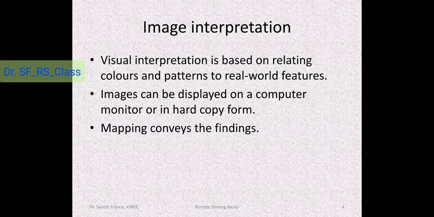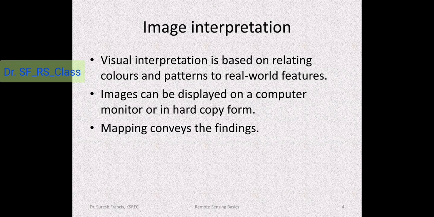And this mapping conveys the findings from the satellite data. You will be mapping out the different characteristics of the Earth's surface from the same satellite data. When an agriculture expert looks into the satellite data and takes out information, he will take all the agriculture related information.